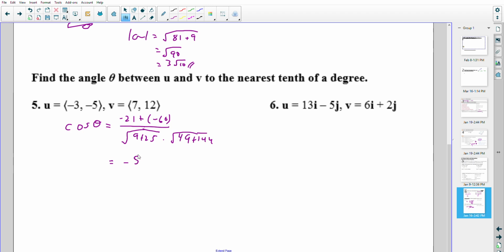That means that you have a negative 81 over the square root of 34 times the square root of 193.